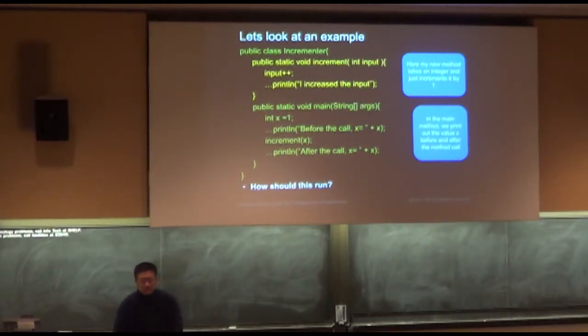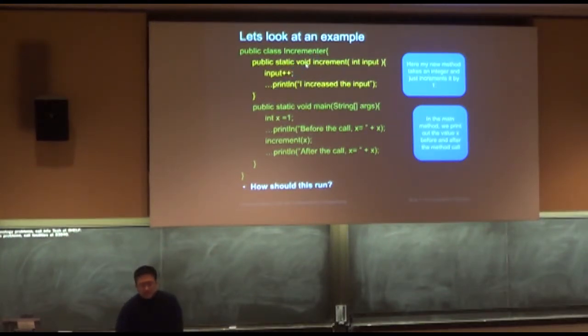Right. So if increment was not void and it returned an int here, and we said return input at the end of this, it wouldn't compile if we said return input and this was still void, and it wouldn't compile if we changed this into an int and then had nothing, because it would say that you had no return value.